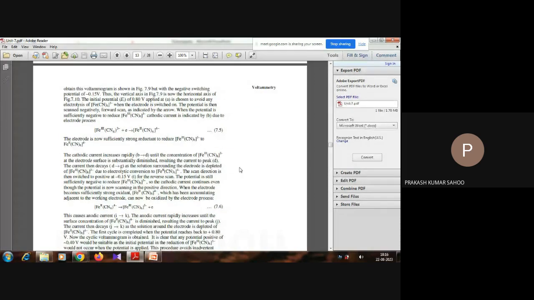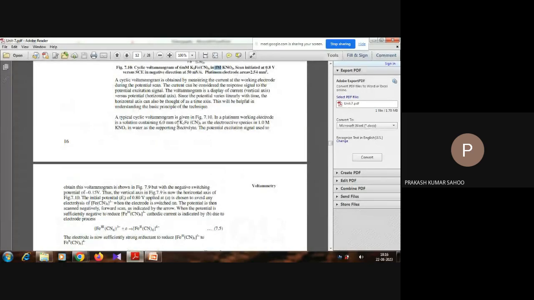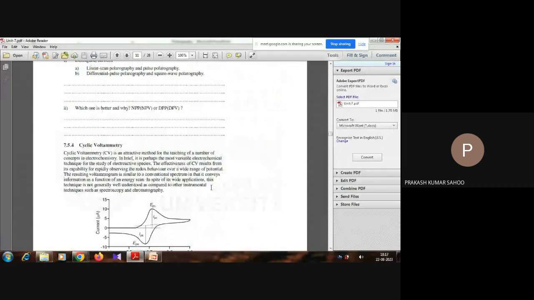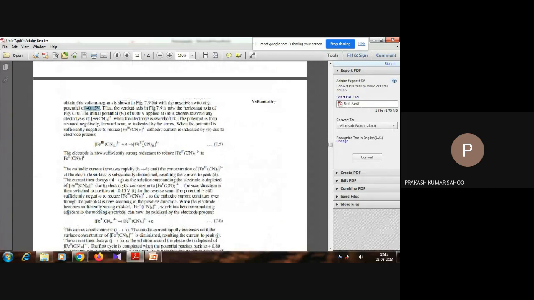Then the reaction will be, and we'll just read these things, how much concentration, how much potential, how much time is set in this part, that is cyclic voltammetry, followed by what are the reactions.